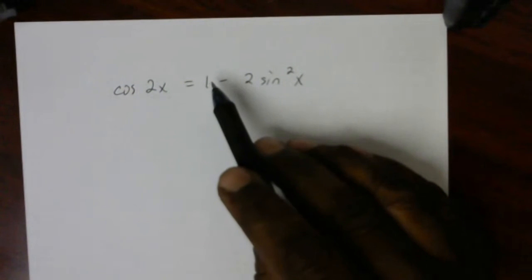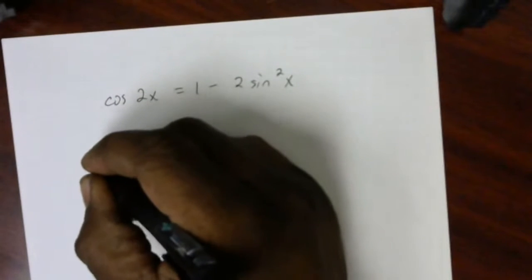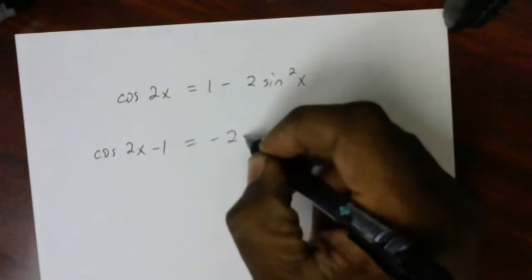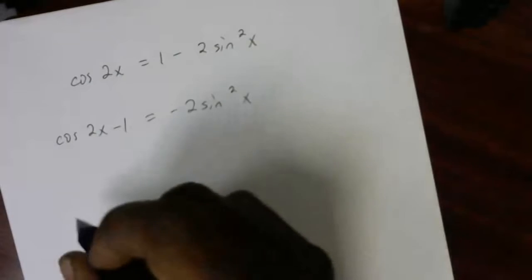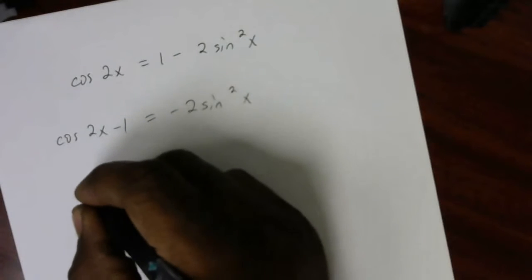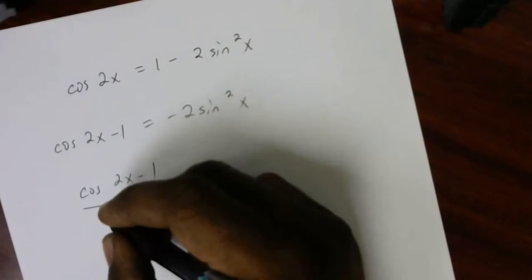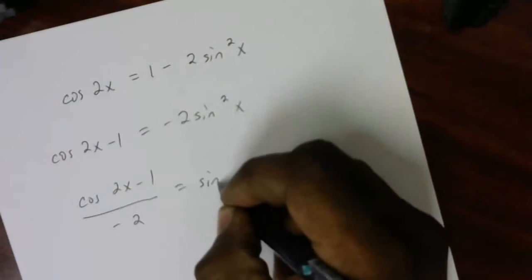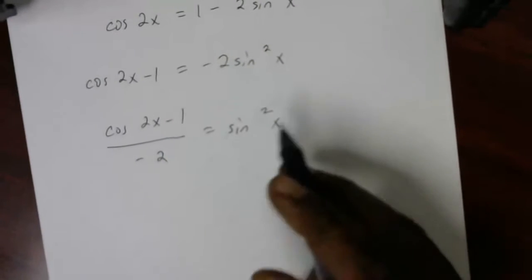Right, so the first thing I'm going to do is subtract 1 from both sides. I'm next going to divide both sides by -2. And I'm actually going to flip this around.